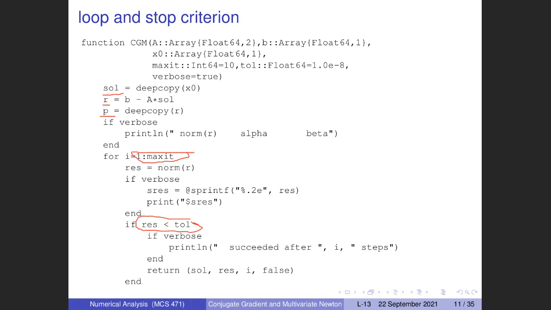We will print out the values for the coefficients alpha and beta, because they should go to 0. That's an important property that I forgot to point out. The alpha and the beta have both in their numerator the residuals.